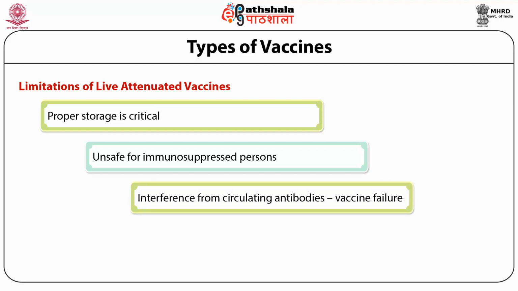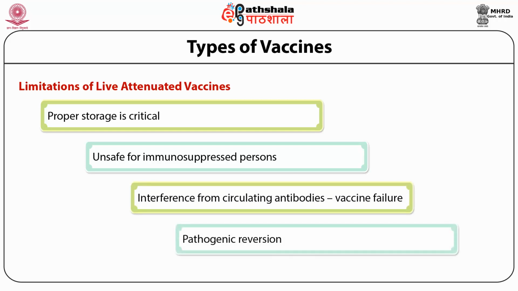Another problem with these vaccines is pathogenic reversion, which means that the attenuated pathogen may revert back to its original form. This has been observed in the case of oral polio vaccine, which contains 3 live polio strains in attenuated form. The type 1 strain has 57 mutations.